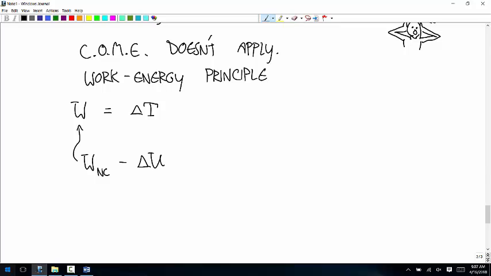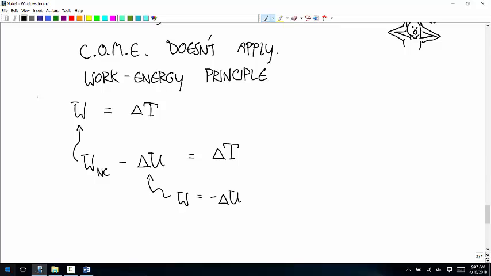Because the work is equal to the negative change in potential energy. And this is equal to the change in kinetic energy.